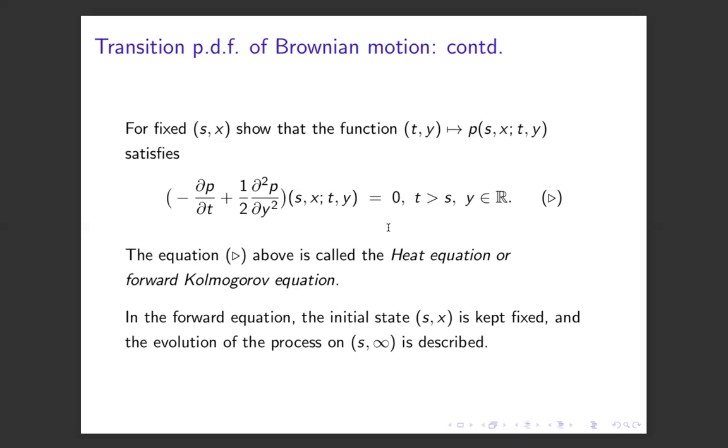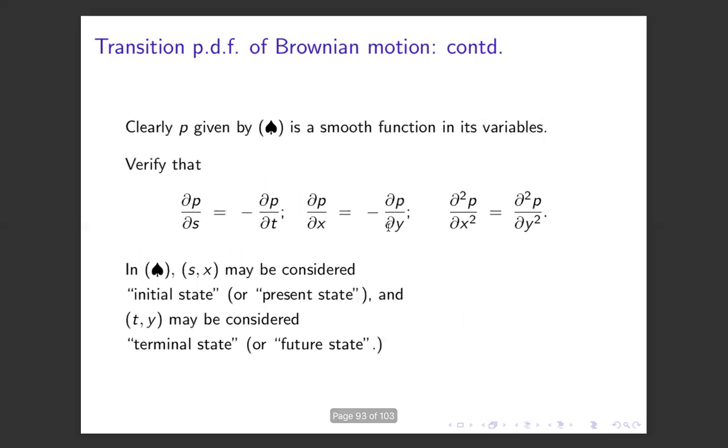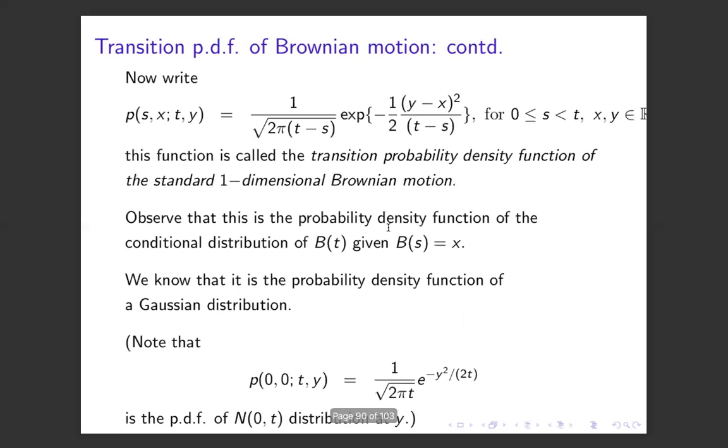Then it's a result in a basic PDE course that such a solution can be written as the integral of that initial value g with respect to this density function, integrated with respect to y, of course taking s equal to 0.